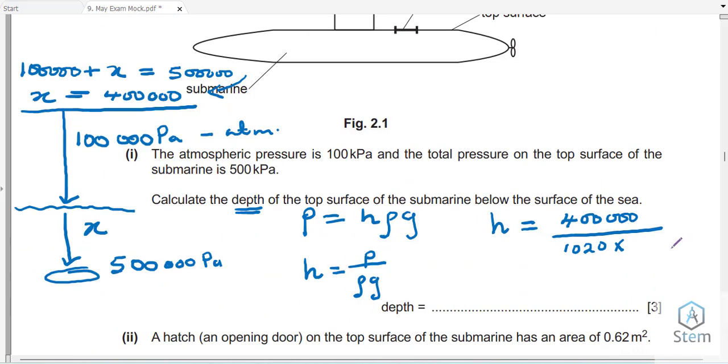G is given at the beginning of our question paper. It's 9.8. So we do the calculation there. We get 40. So the depth of this submarine is 40 meters in the sea.